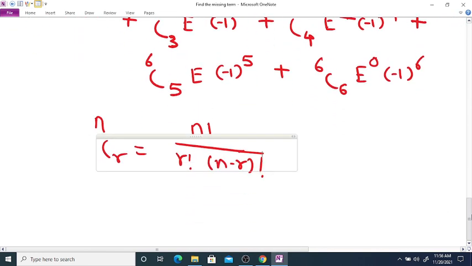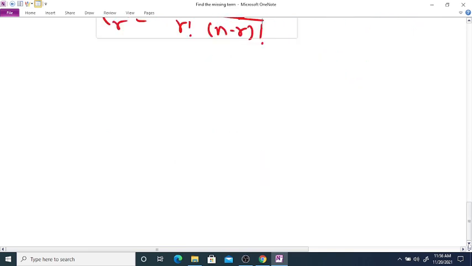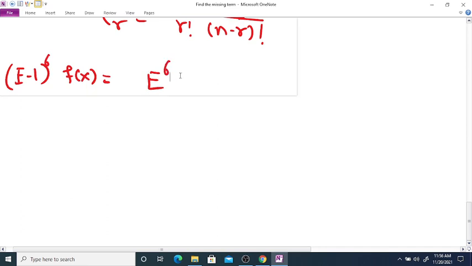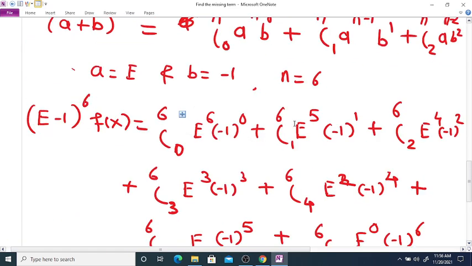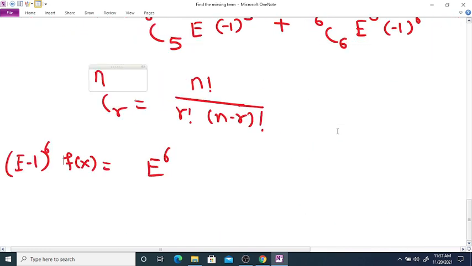So the first term, if we simplify, (e − 1)^6 f(x) is equal to first e^6, next 6C1 is 6, and (−1)^1 is −1, so minus 6 e^5.